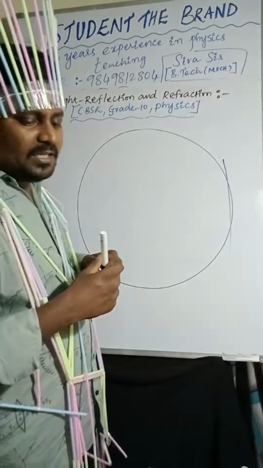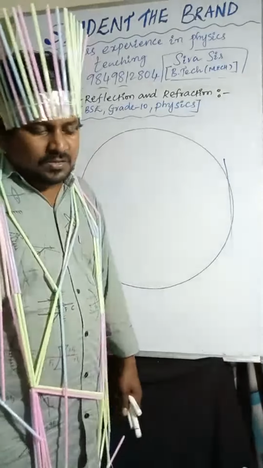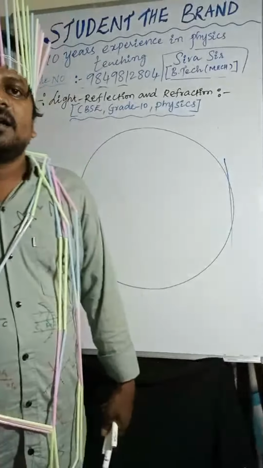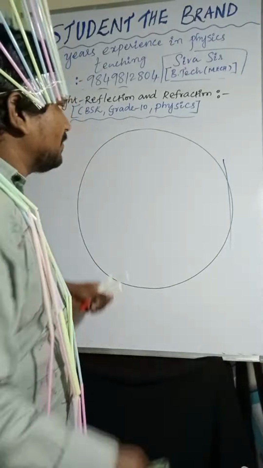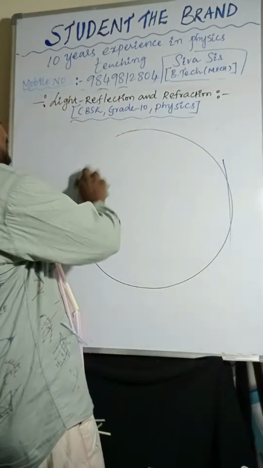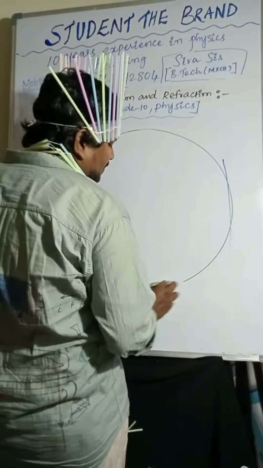A mirror which is in the form of a curved surface is called a spherical mirror.